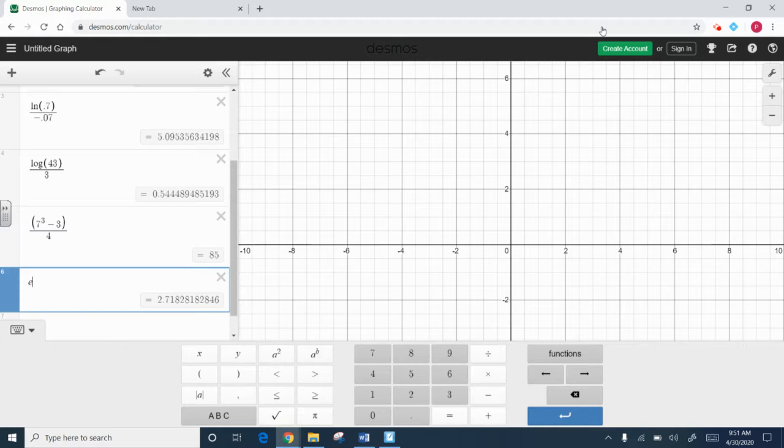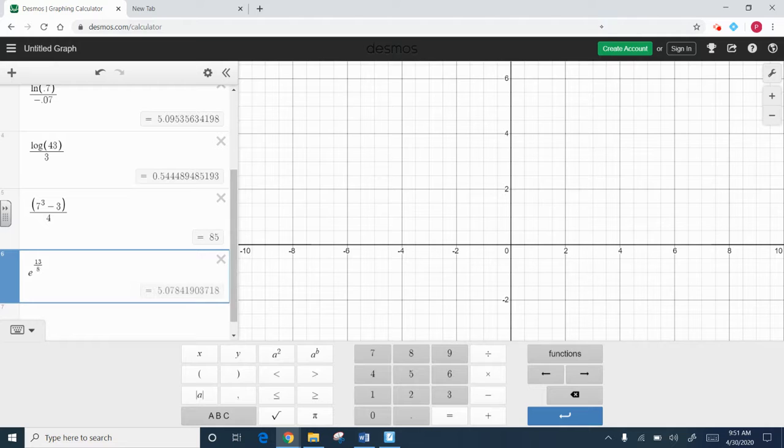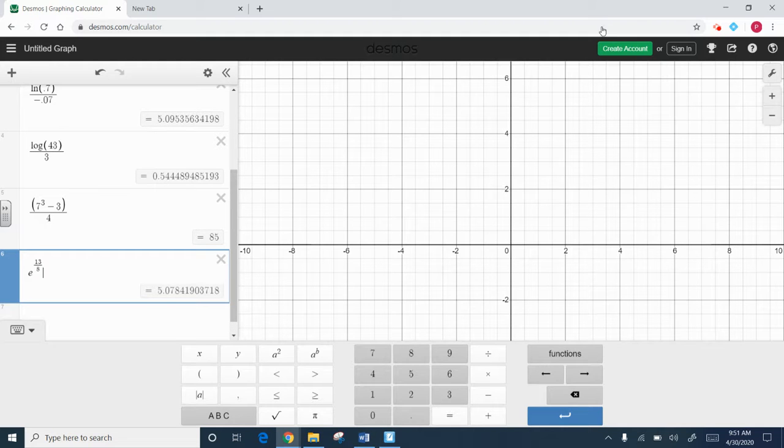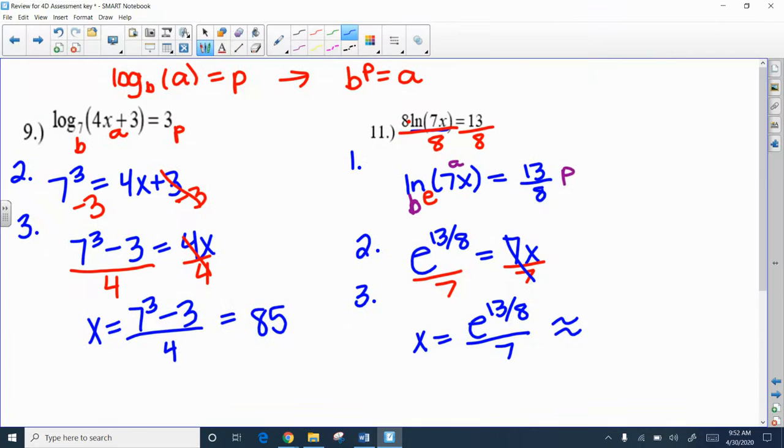So e to the 13 divided by 8 power, and then that whole thing is divided by, what were we dividing by? 7. Divided by 7. And we get approximately 0.725. If I round that, I'm going to say 0.73.